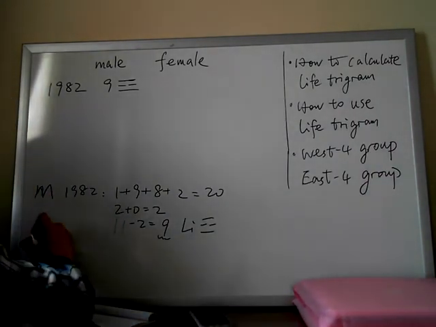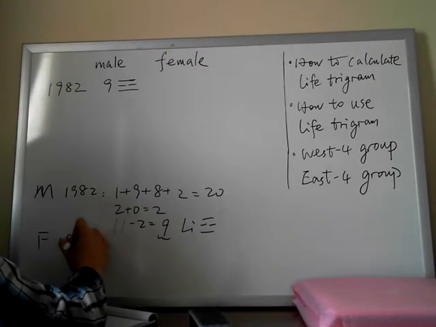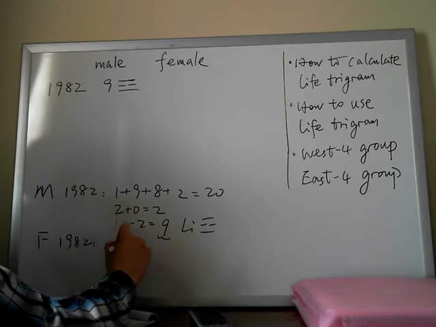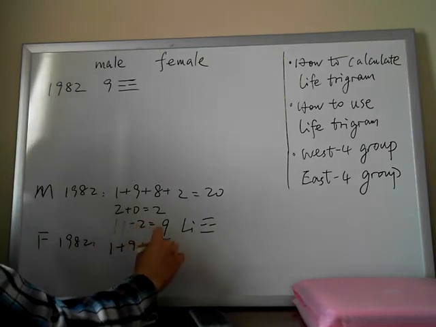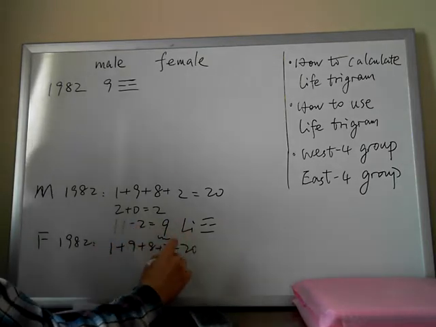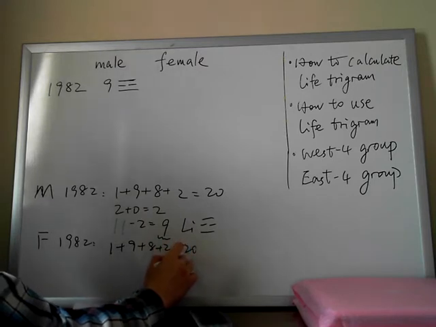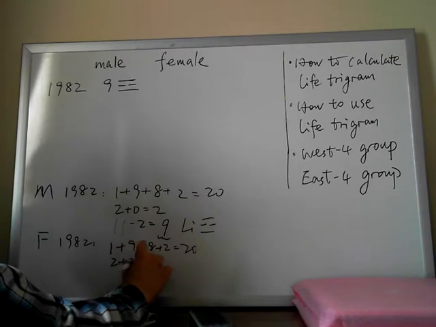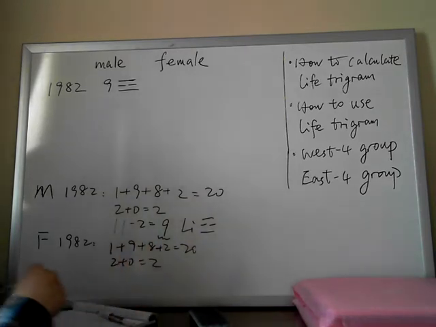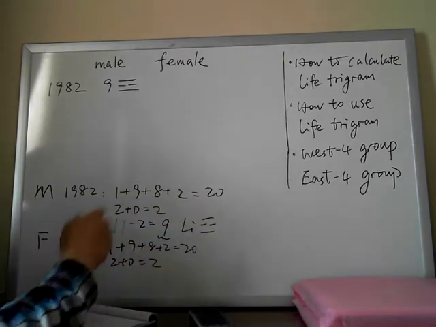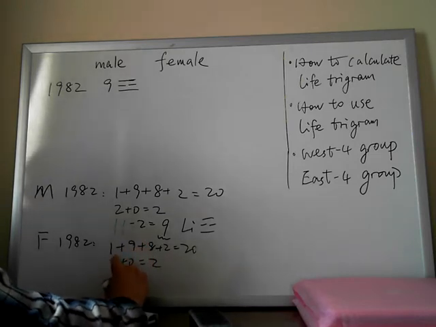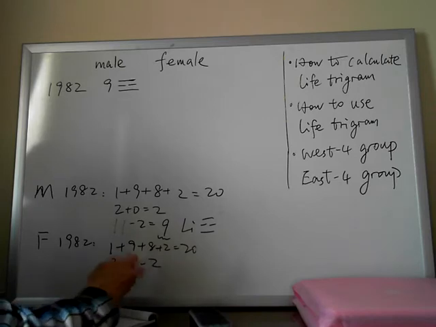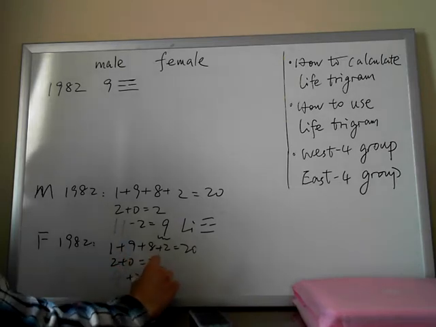How about female? Let's see, a female, 1982. Same way at the beginning: 1 plus 9 plus 8 plus 2 is 20. Add up all the digits until it's a single digit: 2 plus 0, 2. Then for female, the difference is you add 4 to the output, 2 plus 4, which is 6.